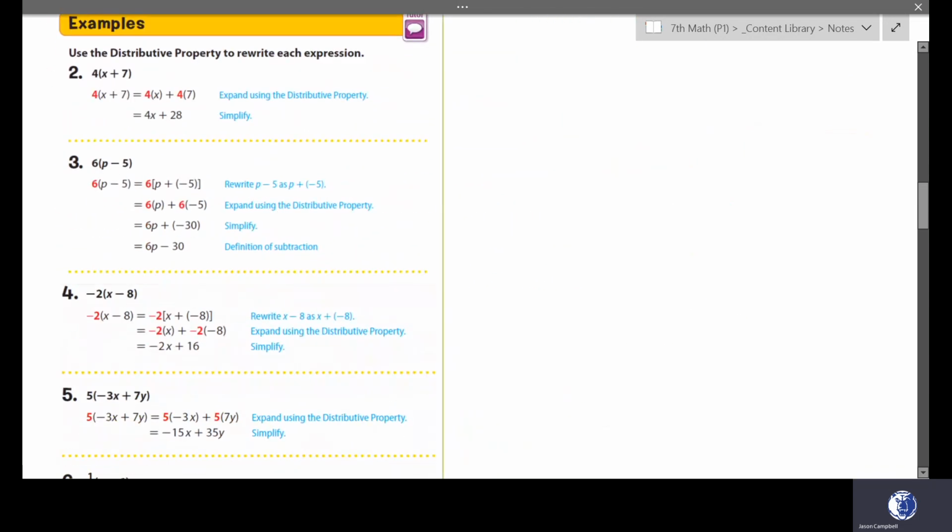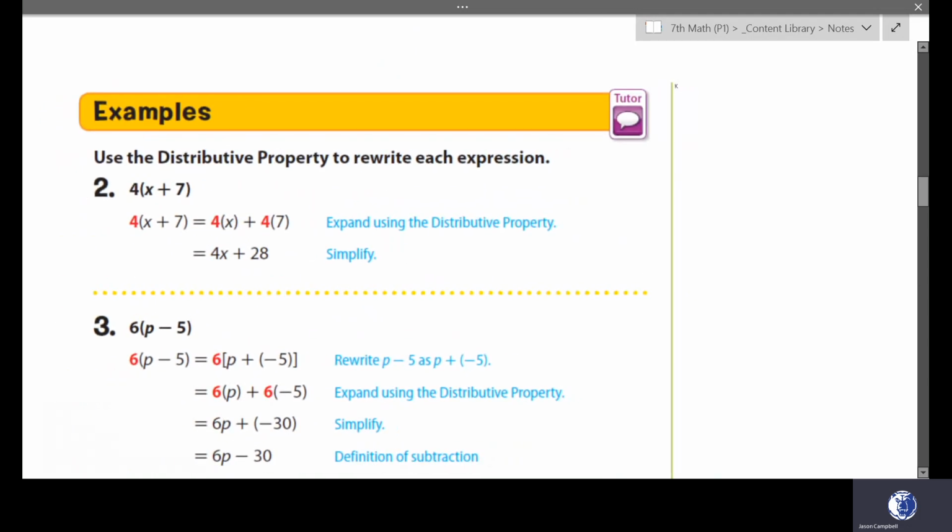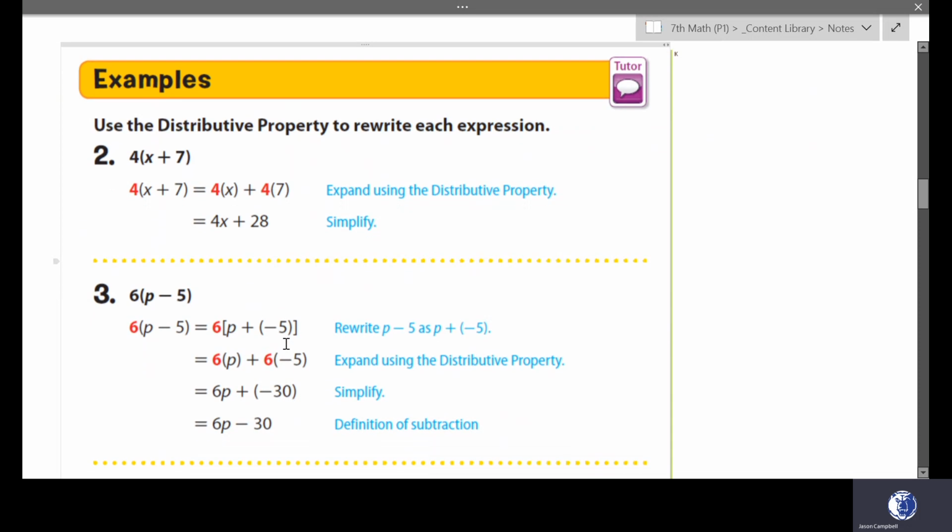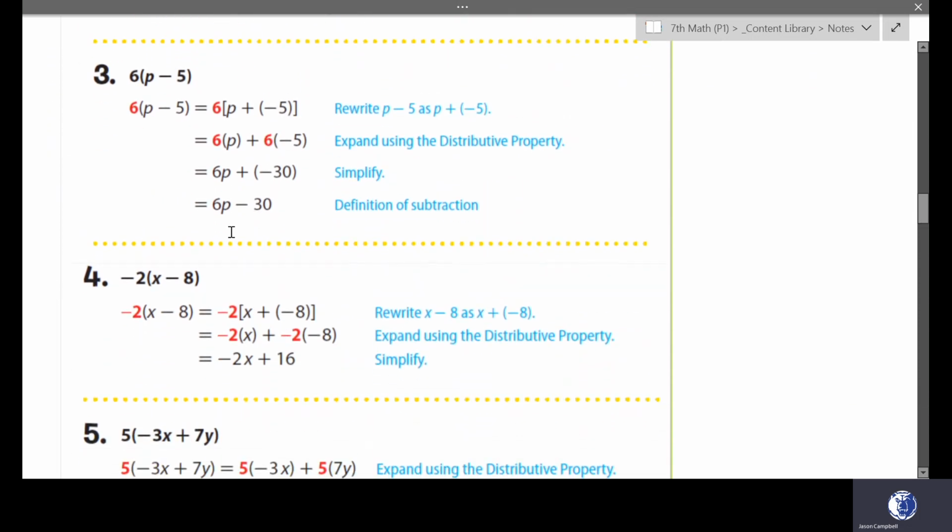Let's look at these examples here. Example 2 has a 4 being multiplied by x add 7 turns into 4x add 28. Example 3 has 6 multiplied by p subtract 5, it becomes 6p subtract 30.